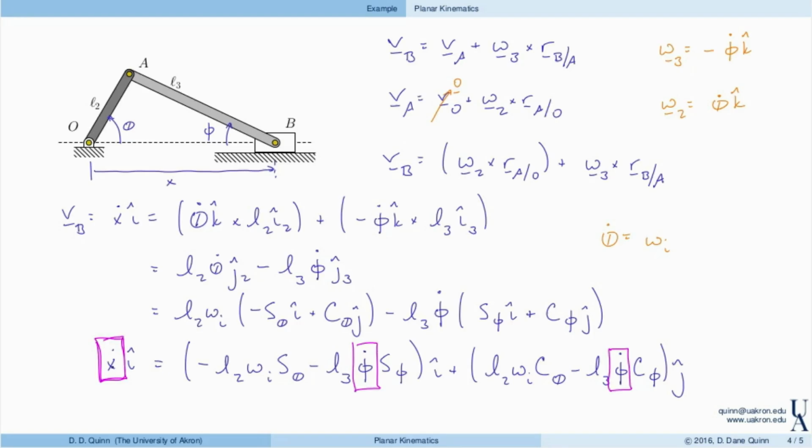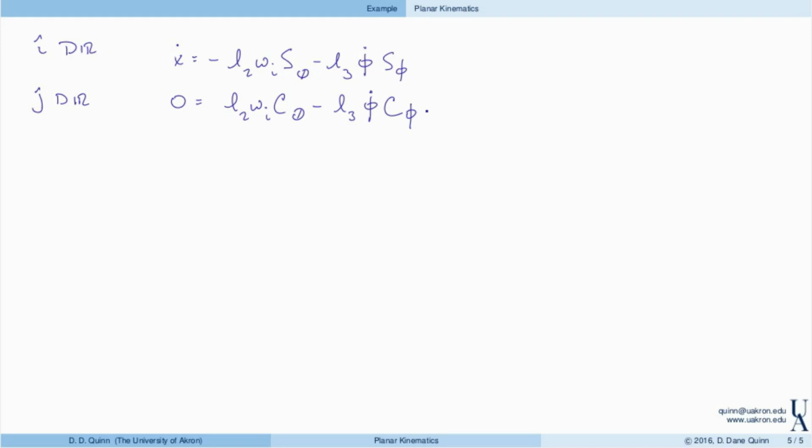Let's go back and look at this. We have the I component on the left-hand side equal to the I component on the right-hand side. So that gives me x dot equals minus L2 omega I sine of theta minus L3 phi dot sine of phi, and in the J direction I have 0 is L2 omega I cosine of theta minus L3 phi dot cosine of phi.